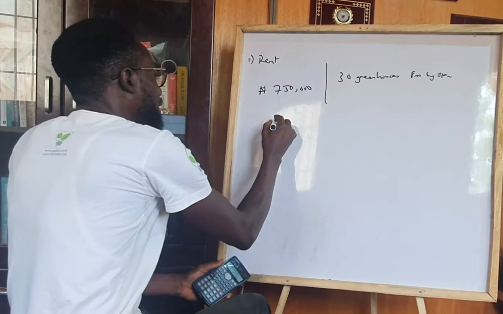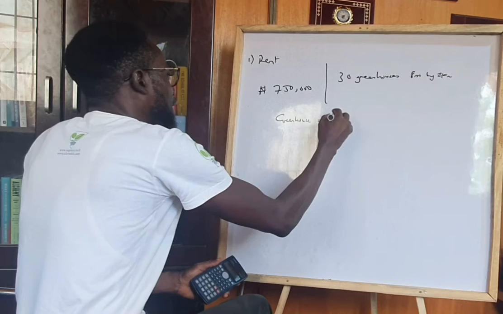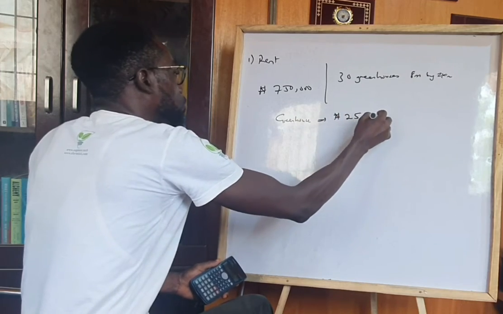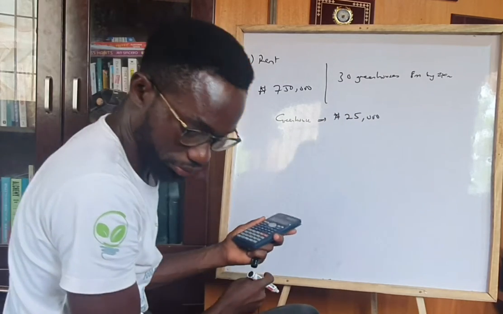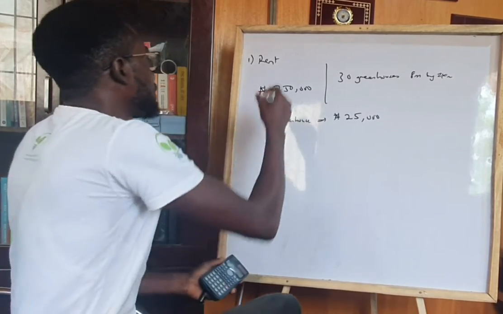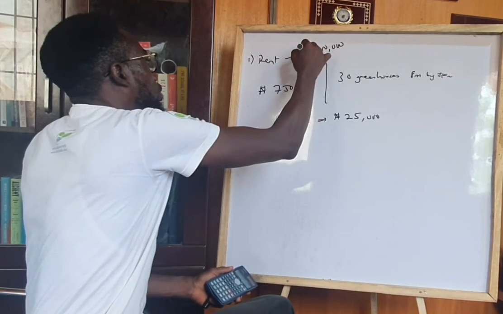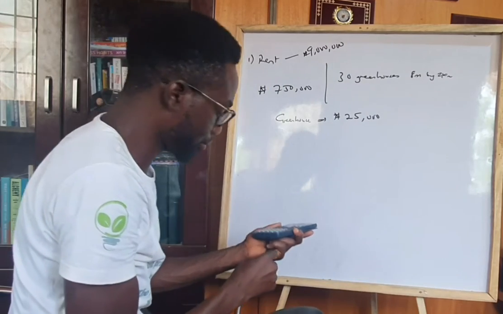this means that a greenhouse is rented at about 25,000 naira. Let me take that again for it not to be confusing. In this case, we are looking at an annual rent of 9 million naira.